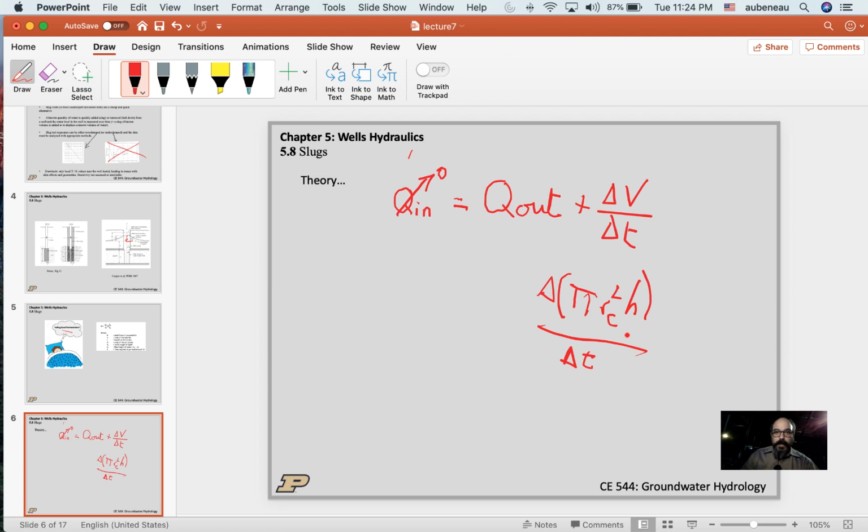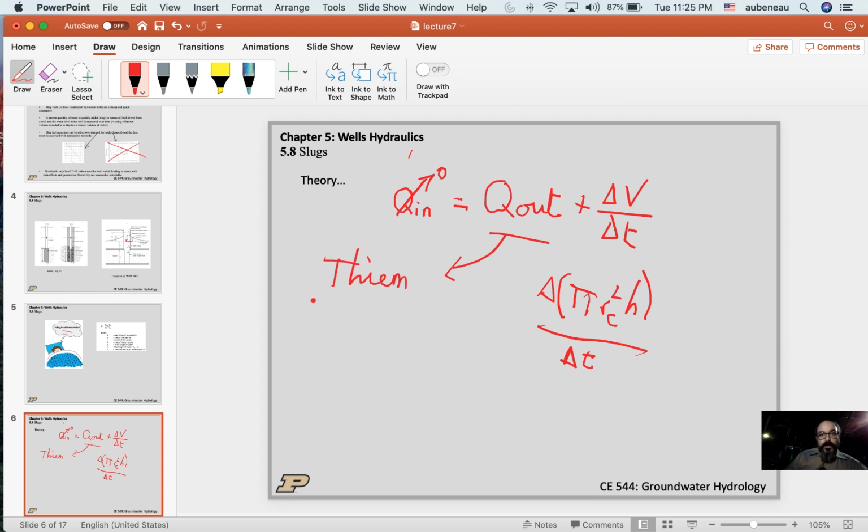Now the Q out here, this term, what is that? Well, you can think of it as, we can go back to almost the beginning of those lectures and invoke that Thiem equation. So this Q out, the volume of water coming out of the well, can be related to our Thiem equation from the early lectures, which is basically the steady state equation, right?